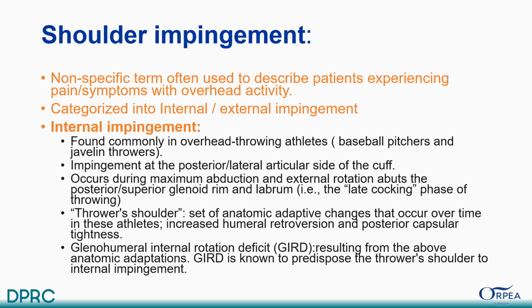So these are anatomical adaptive changes that occur over time in these athletes: increased humeral retroversion and posterior capsular tightness. Another term used is glenohumeral internal rotation deficit, resulting from the anatomical adaptation mentioned above, that is the increased humeral retroversion and posterior capsular tightness, which predisposes the thrower's shoulder to internal impingement. So all these things have a link, but they are not the same.